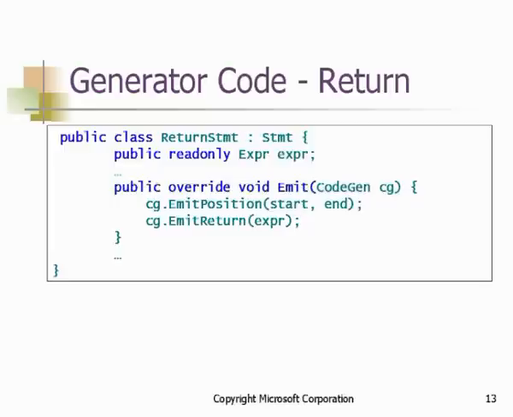So the return statement has a single expression as a field. So it has the expression that you want to return. And every statement has an emit method that can be overridden. We're denied the joy of dealing with structured tag unions here. So we have to use classes instead and overriding methods rather than the joy of the C implementation.